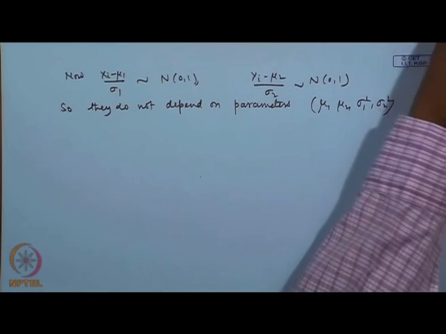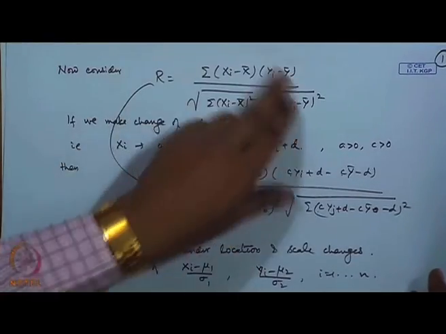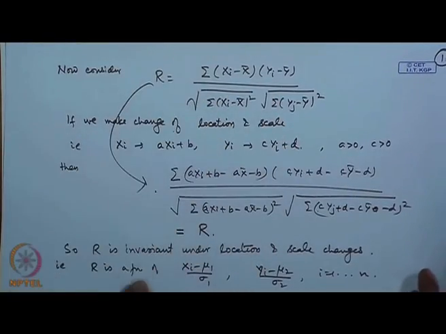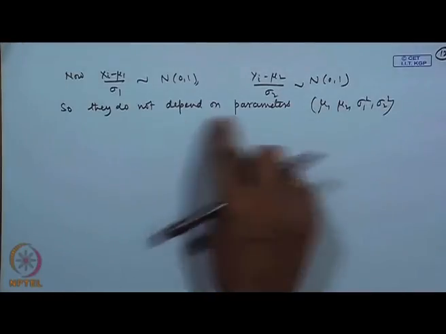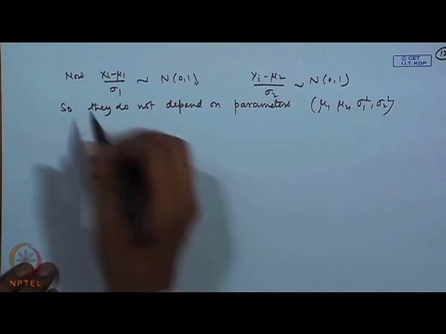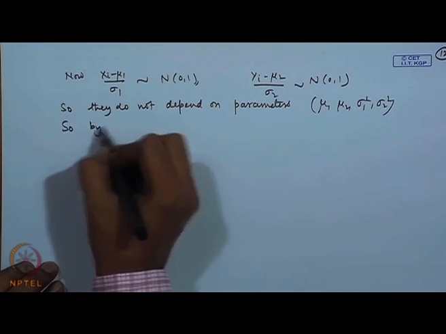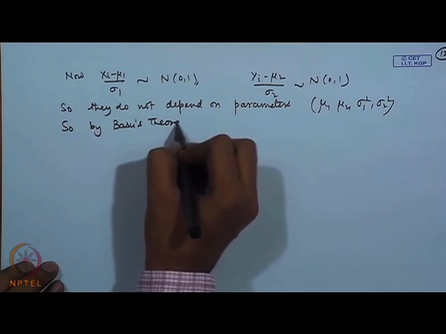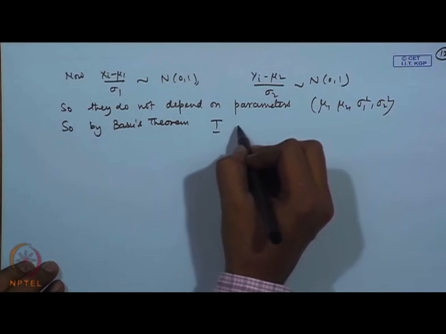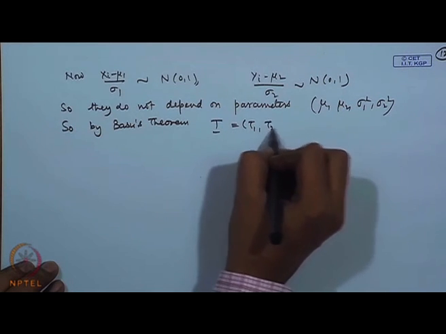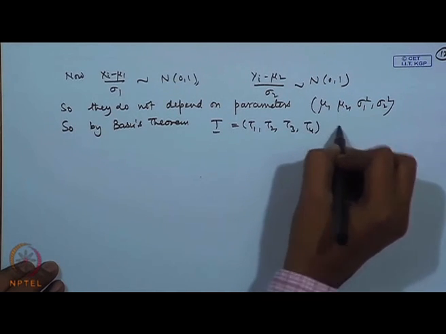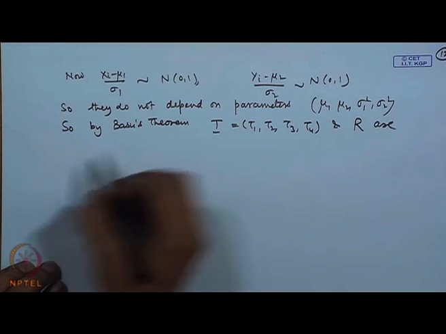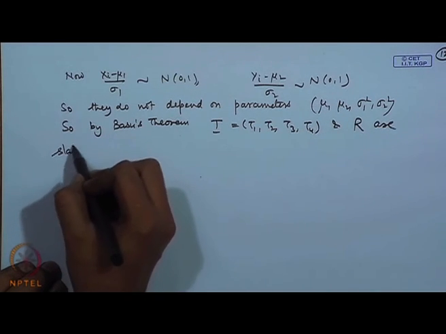Now, what we have demonstrated is that the sample correlation coefficient has a distribution which does not depend upon the parameters. So, by Basu's theorem, T, that is T 1, T 2, T 3, T 4, and R are independently distributed.